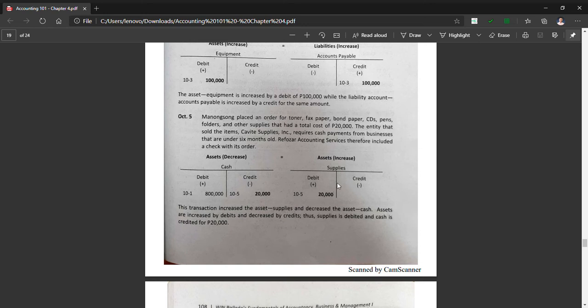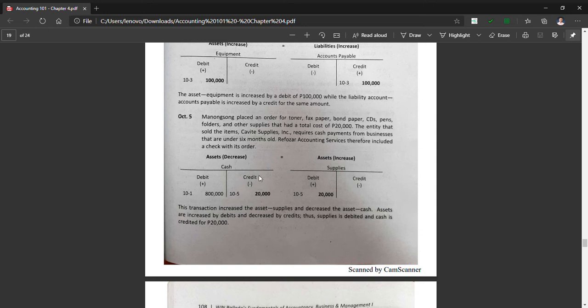So, we debited 20,000 under the supplies. Tapos, nagbayad tayo ng pera. At dahil nagbayad tayo ng pera, it is a decrease of cash. Right? So, yung asset again is on the left side. So, any increases in the asset should be on the left side, while any decreases in the asset should be on the right side. Kabaliktaran ng increases niya. Siyempre.